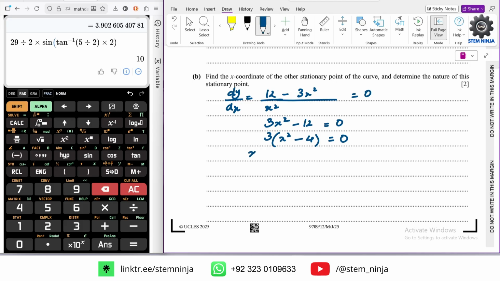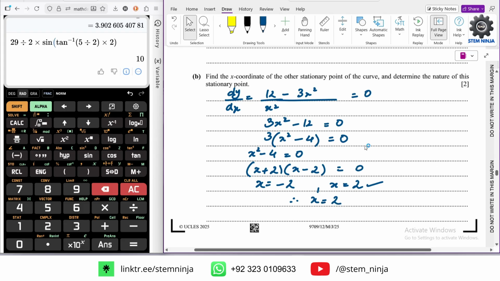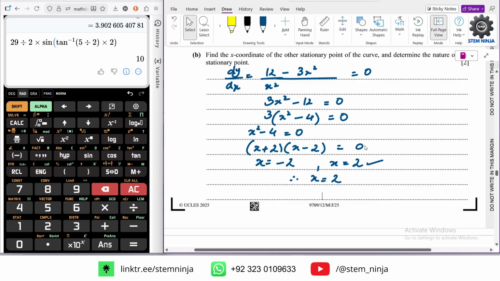Divided by 3, this would just become 4 minus x squared equal to 0. This is difference of squares. x plus 2, x minus 2 equal to 0. So either x is equal to minus 2 or x is equal to plus 2. So therefore x is equal to plus 2. We already had minus 2 and now we have plus 2.